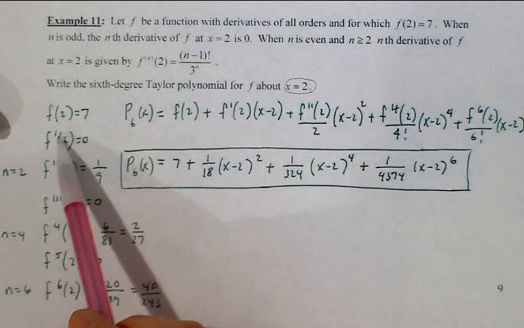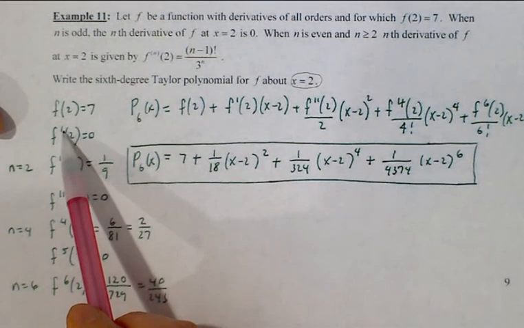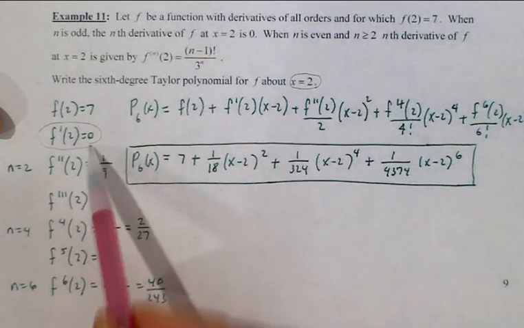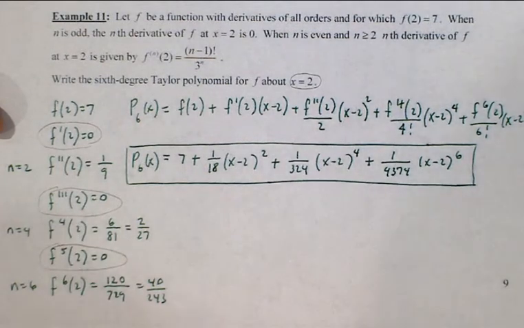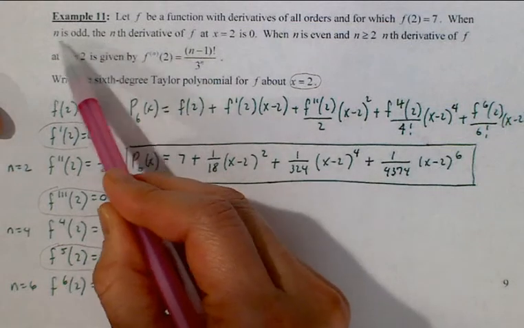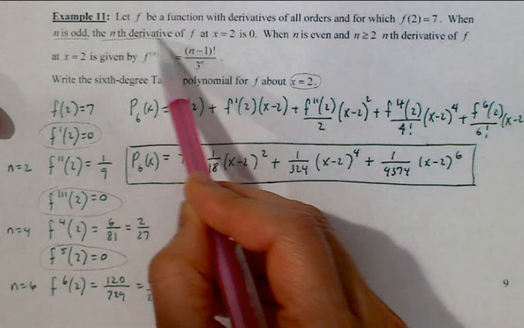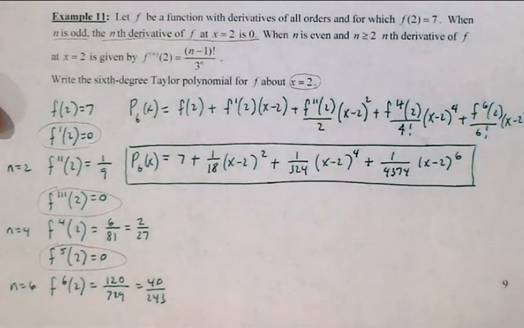So all of the odd derivatives, the first derivative, the third derivative, and the fifth derivative, those are all going to be zeros. Why? Because they say it right here: when n is odd, the nth derivative of f at x equals 2 is 0. Okay, so that's how I got that.